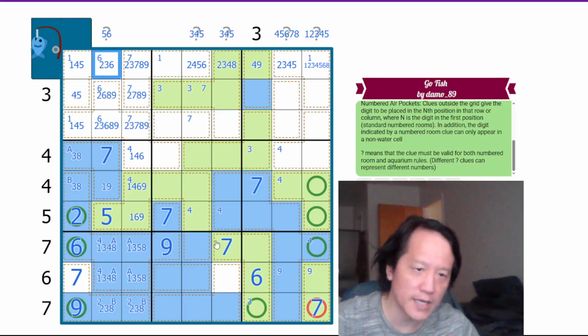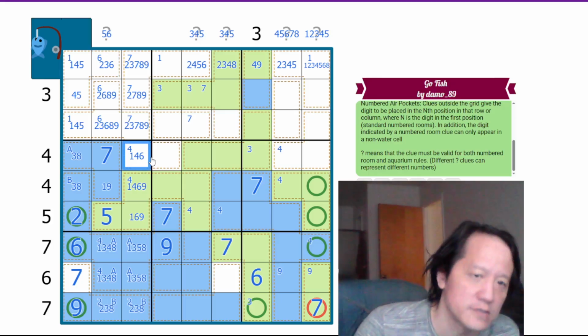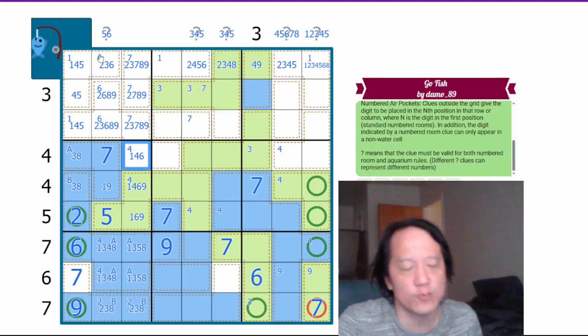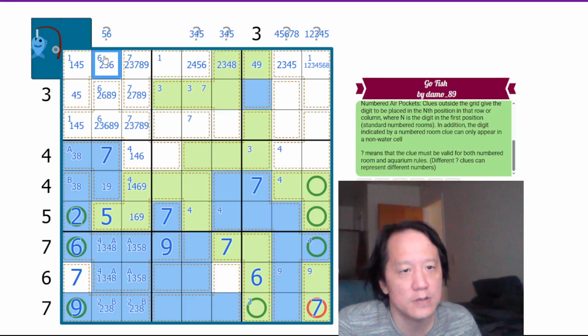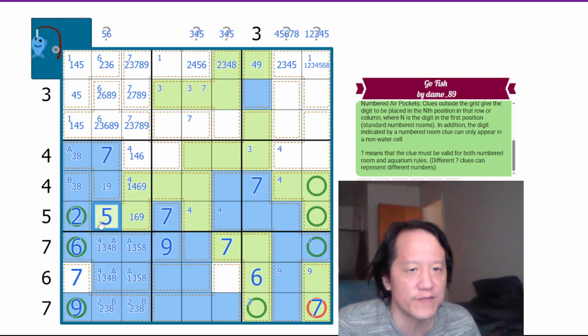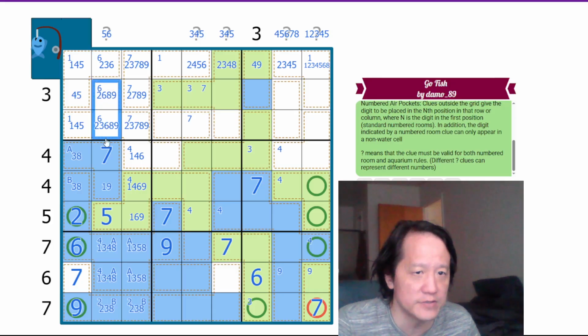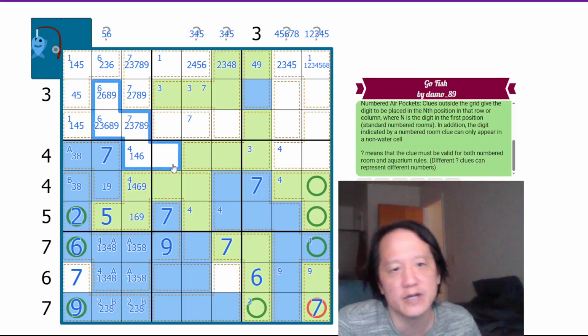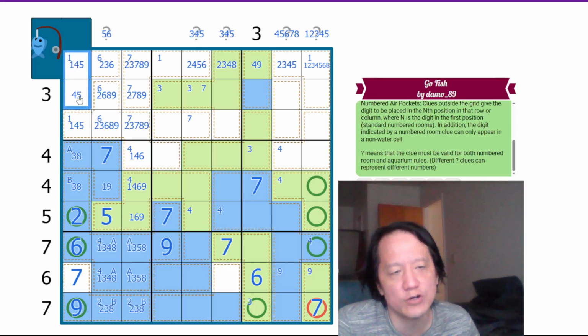If this is 6, that forces 6 to be there, which means we must be numbered room clue for the 5, because 6 can't be in the 6th position. So therefore, these are water, which means these are all air. And if these are air, that means this has to be air here. So I don't think this can ever be 6. It's 1 or 4 here. Interesting.